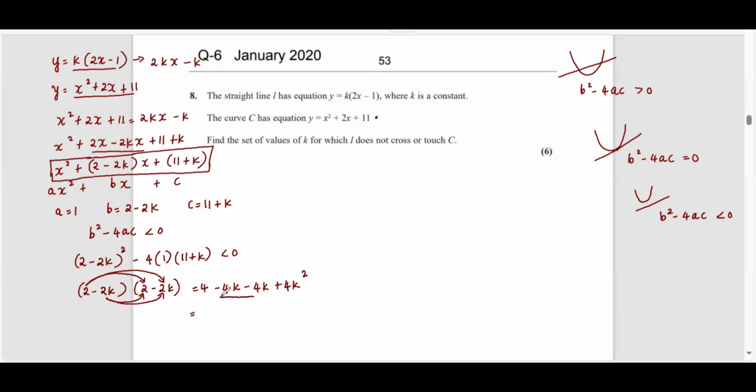I have like terms, minus 4k and minus 4k. Arranging this, first k squared: 4k squared, minus 8k, plus 4.